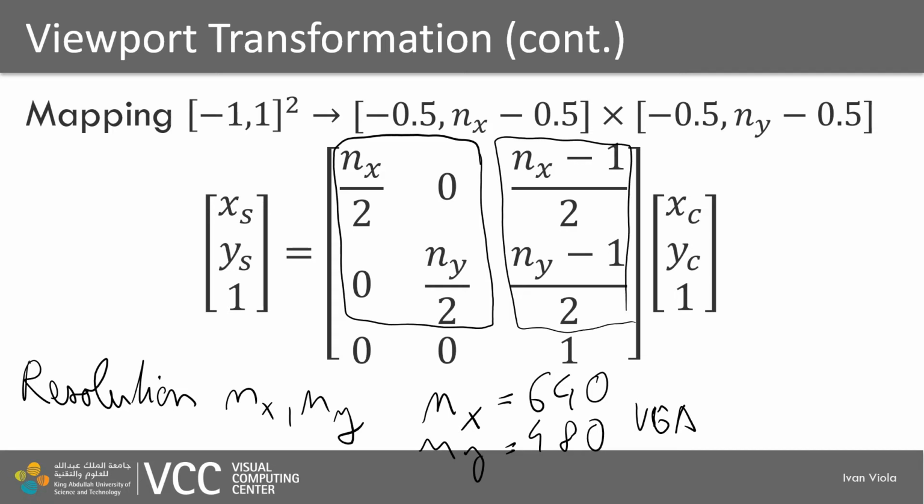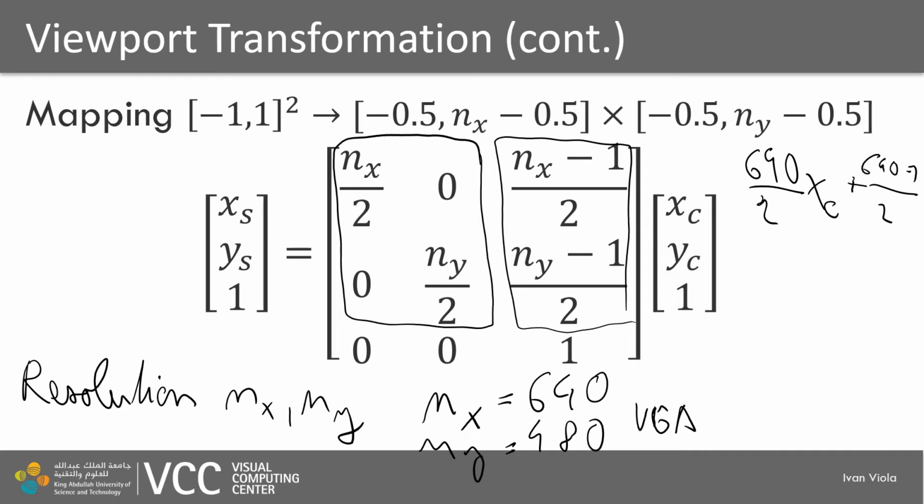So we will now be moving this point -320 by 640 minus 1 divided by 2. So let's just calculate it: 640 divided by 2 times xc, plus 640 minus 1 divided by 2.